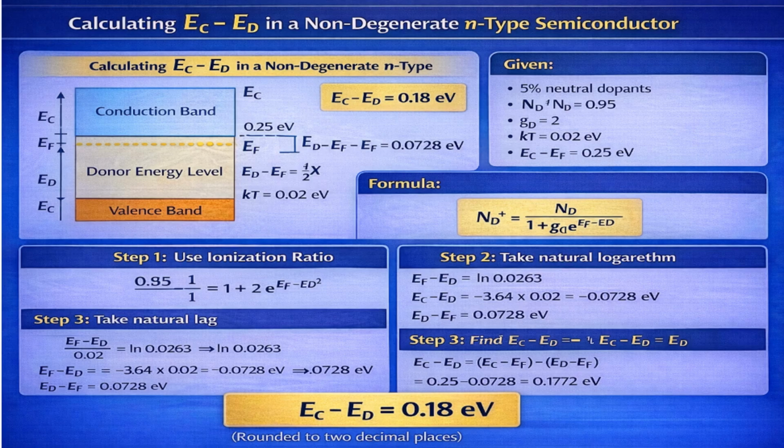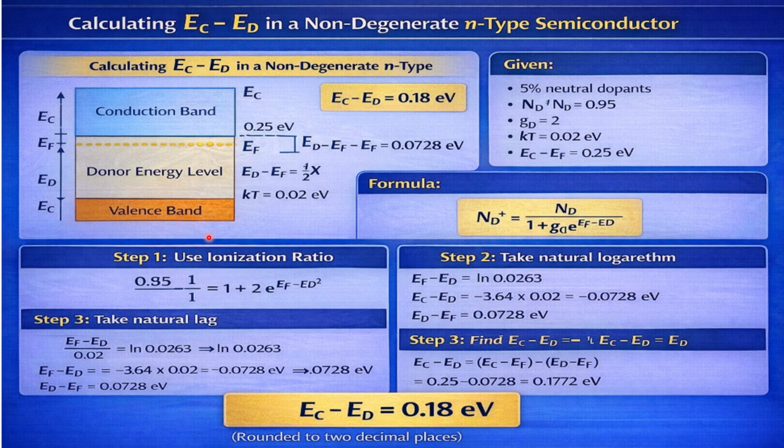So let's see. Here the given parameters: the neutral fraction is 5%, so ionized Nd+/Nd is 0.95, gd is 2, and kT/q is 0.02, that is 20 millivolt, and EC minus EF, the conduction band to Fermi level, is 0.25 electron volt, right?